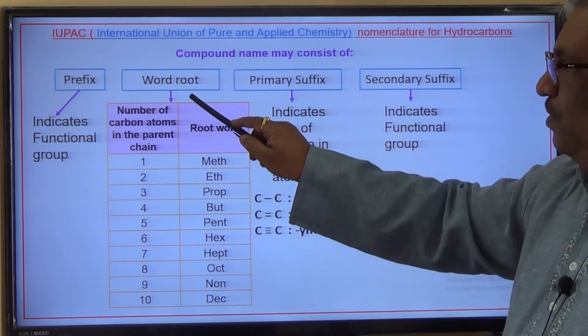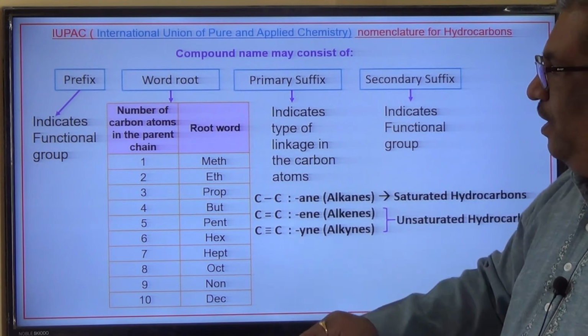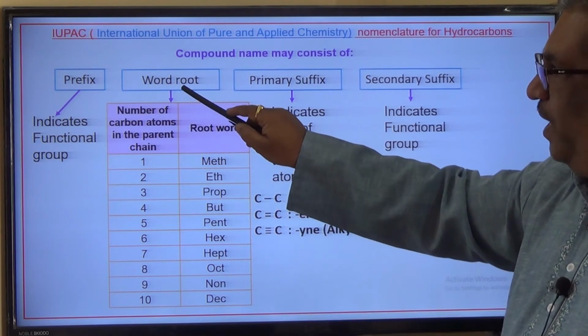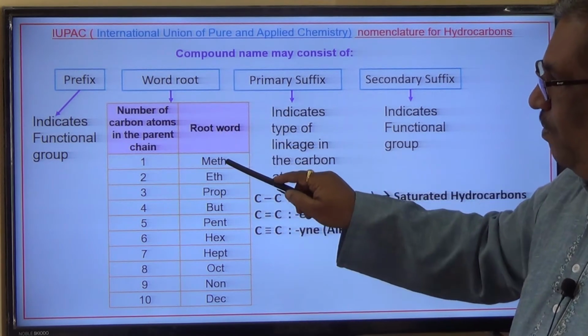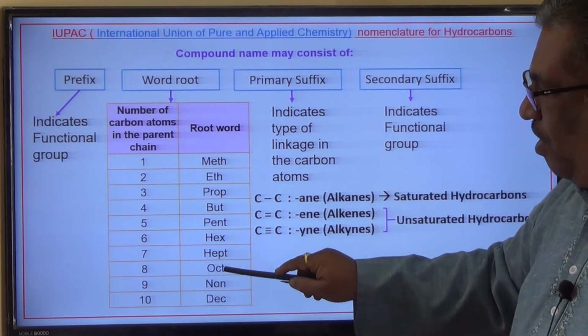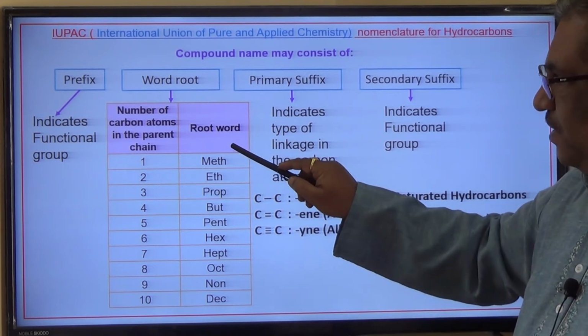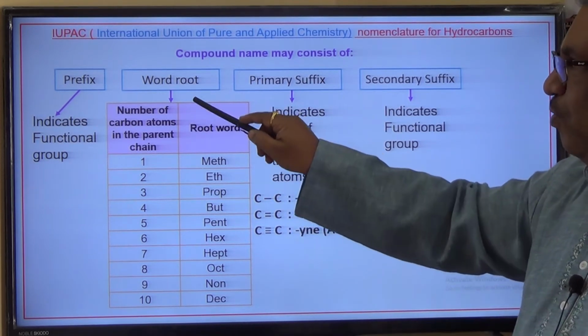What is word root? Here you can see meth, eth, prop, but, pent, hex, hept, oct, non, dec. These are the root words or word root.